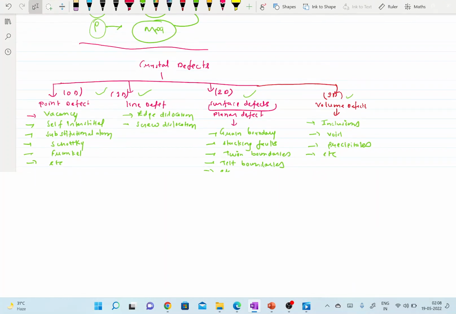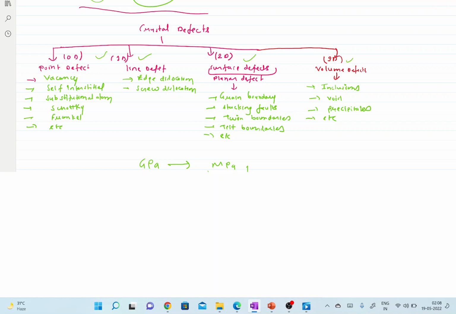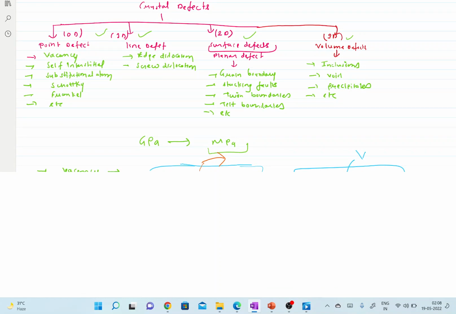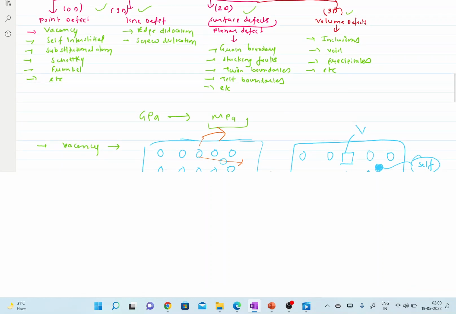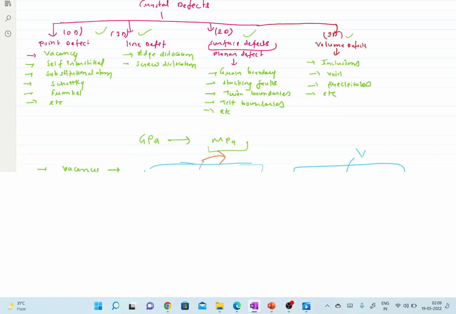The main reason is that the material consists of various defects: 0D defects, point defects, that means vacancy, self-interstitial, substitutional atom, Schottky, Frenkel. 1D defects means line defects, edge dislocation, screw dislocation. 2D defects, surface or planar defects, like grain boundaries, stacking faults, twin boundaries, tilt boundaries. And 3D defects, volume defects: inclusions, voids, precipitates, etc.